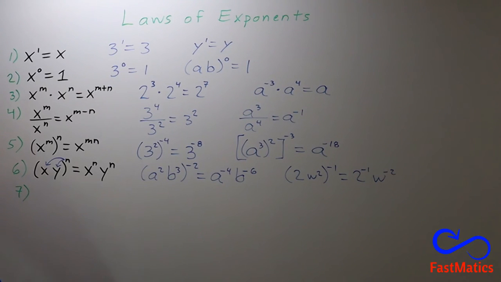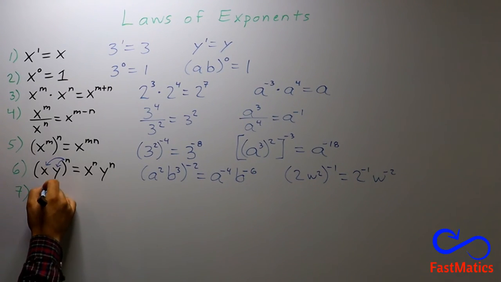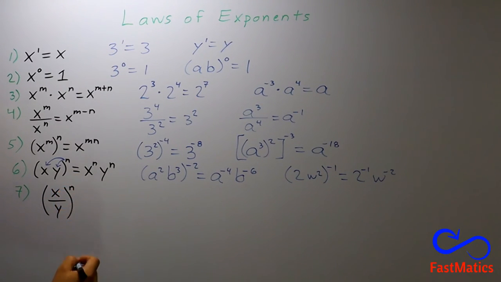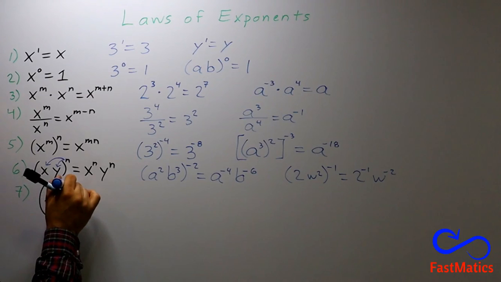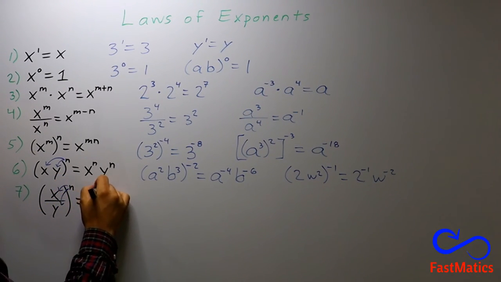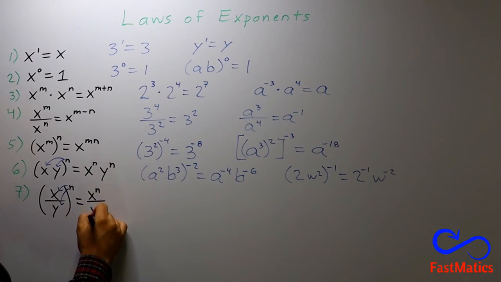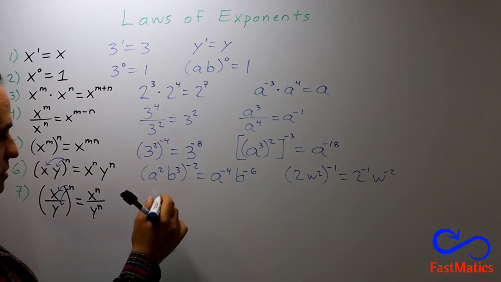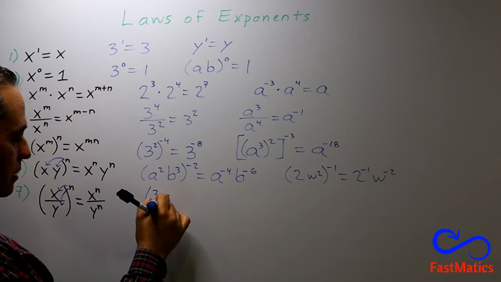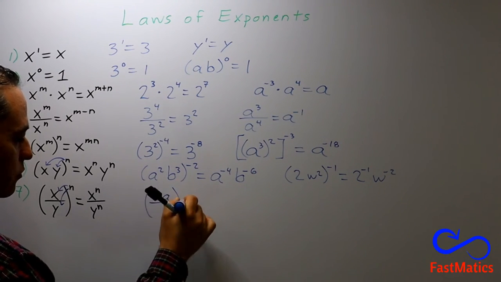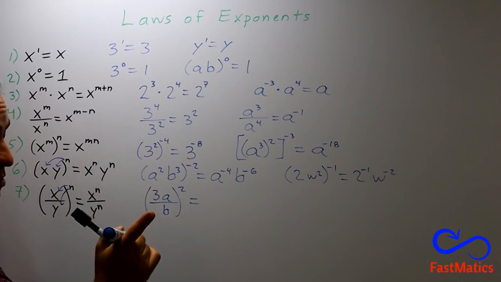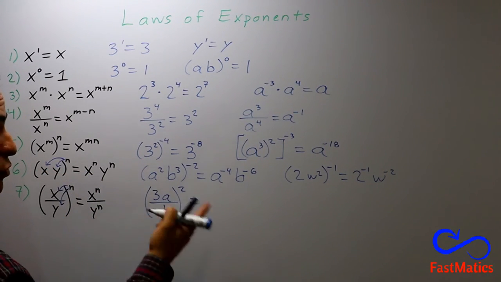Next property, when you have one division raised to one exponent, this exponent will affect those expressions. So we are going to write x to the power of n divided by y to the power of n. For instance, 3a over b to the power of 2 is going to be, don't forget the 3, which is very important because I have some students that forget that.